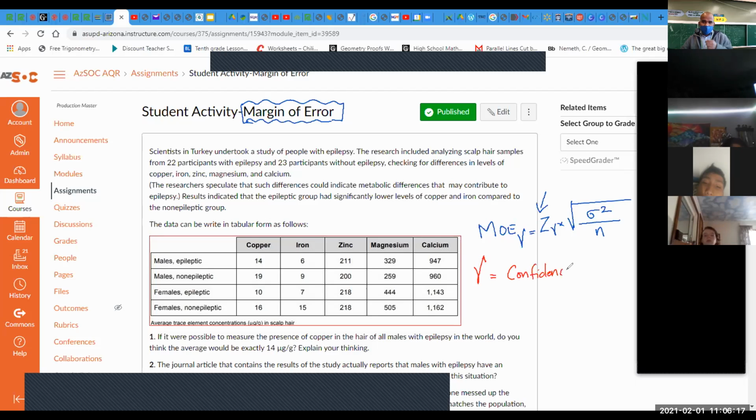Z gamma represents the quantile, I can explain what this means. Sigma represents the standard deviation, and n represents the sample space.